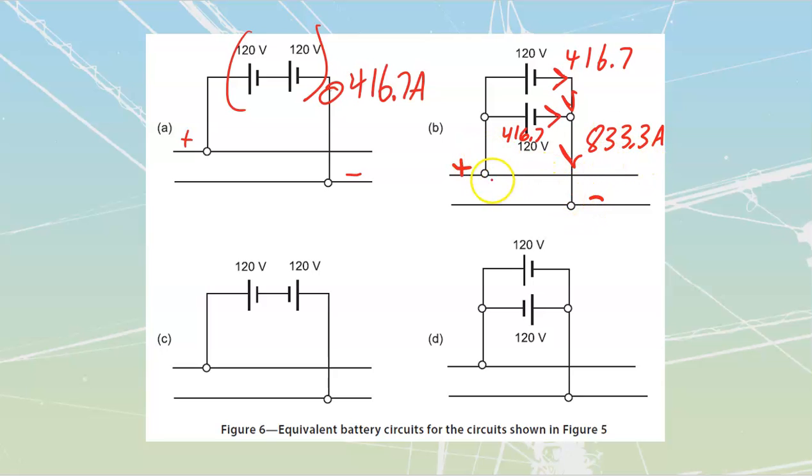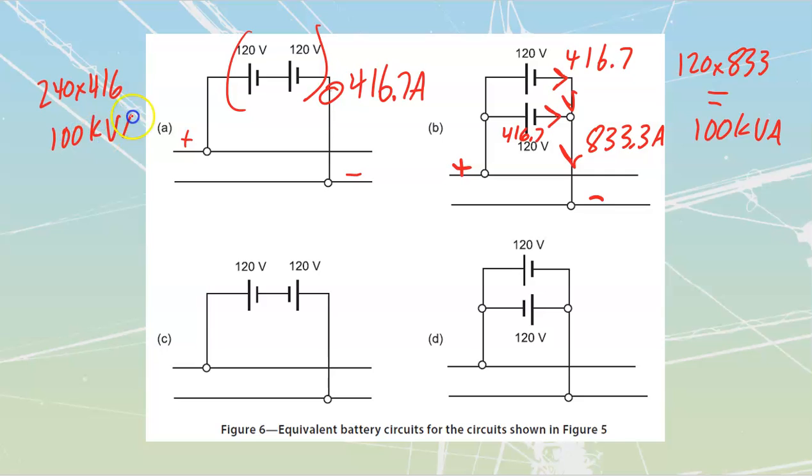Well, it's 120 volts, right? We had these connected in parallel, so it's 120 volts times 833 equals 100 kVA. And on this side over here, 240 times 416 equals 100 kVA.